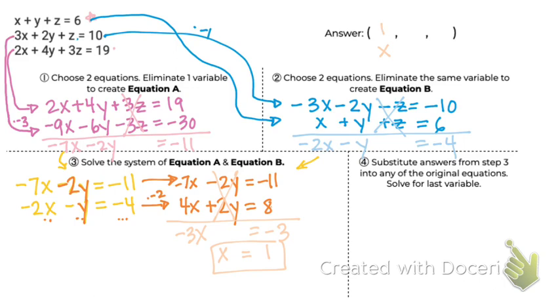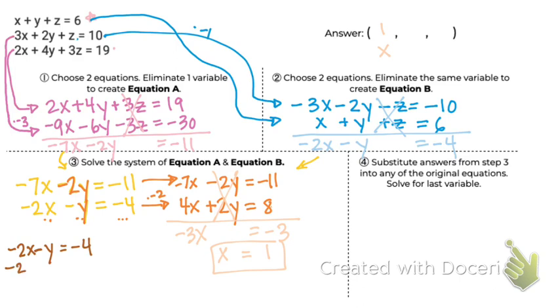Now that I know that x is 1, we can now use either of these equations in yellow that just have an x and a y to see what y equals. It doesn't matter which one we use. Whichever one happens to look easier. I'm going to pick the second one. But instead of x, I'm going to put 1.